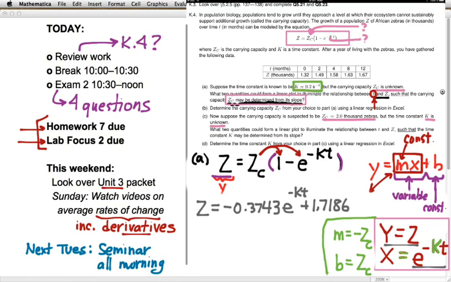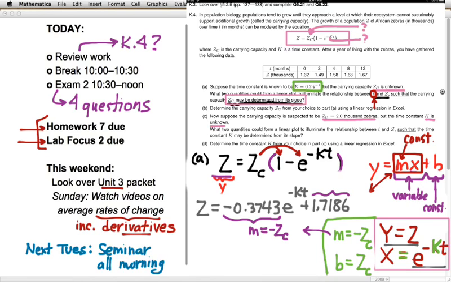Now, we have a slope and we have an intercept. And according to the slope, if this is our m, how do we find the value of the carrying capacity from this slope? Well, according to our parameters, m was equal to minus the carrying capacity.